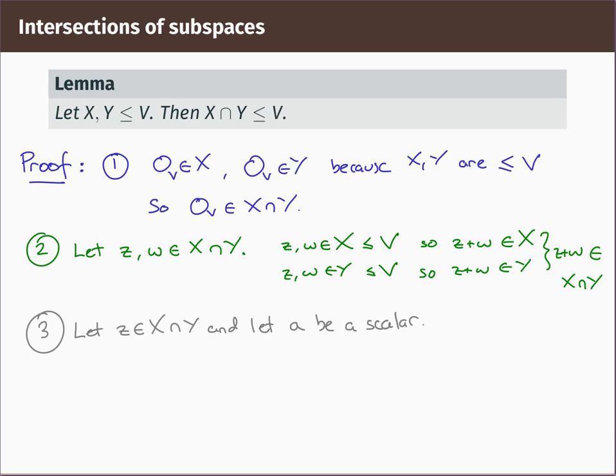And if V is a complex vector space, we're letting A be some complex number. So Az is a scalar multiple of z. z is an element of X. So Az is in X because X, being a subspace, is closed under scalar multiplication.